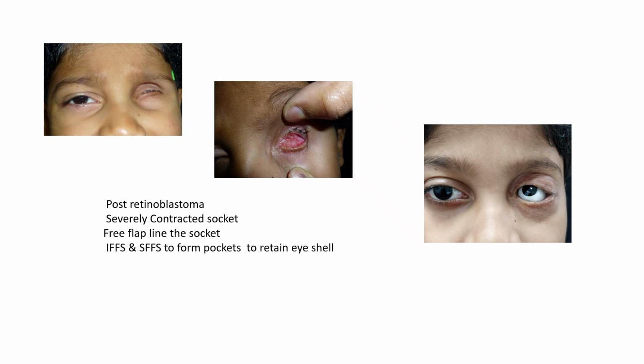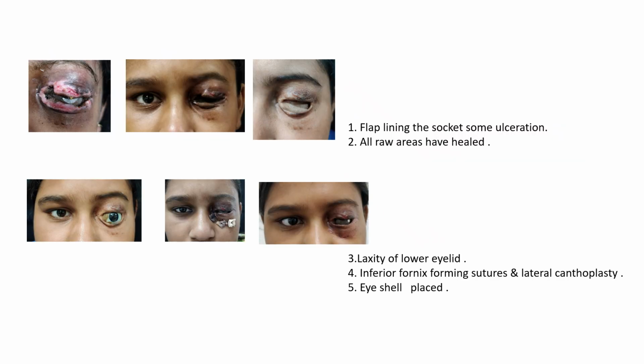Post-retinoblastoma, severely contracted socket, free flap to line the socket, IFFS and SFFS to form pockets to retain the eye shell. Flap lining the socket.